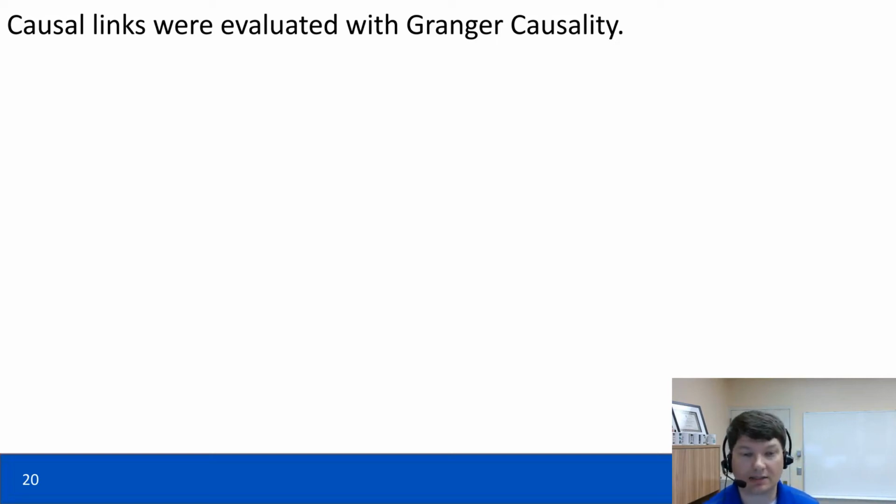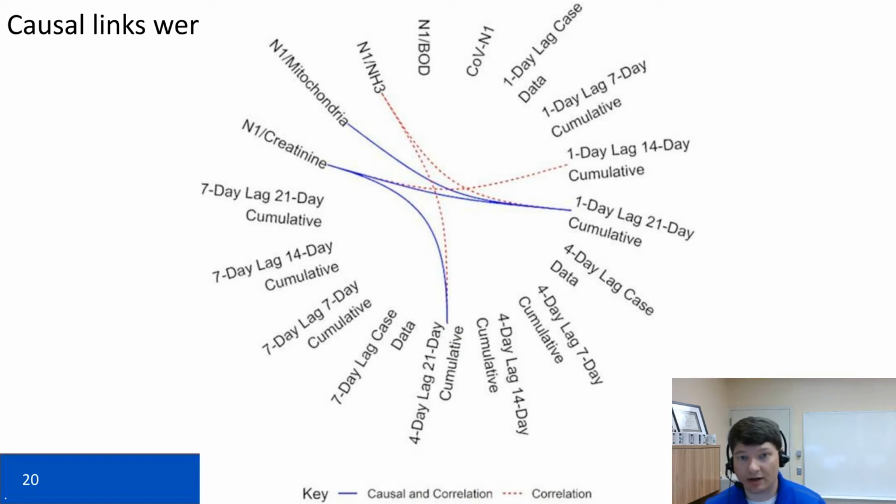And in general, this is a chord diagram. What we have is, again, our normalized SARS-CoV-2 N1 concentrations to mitochondria and creatinine did have a causal relationship with those case data with a 1-day or 4-day lag based on this evaluation matrix.